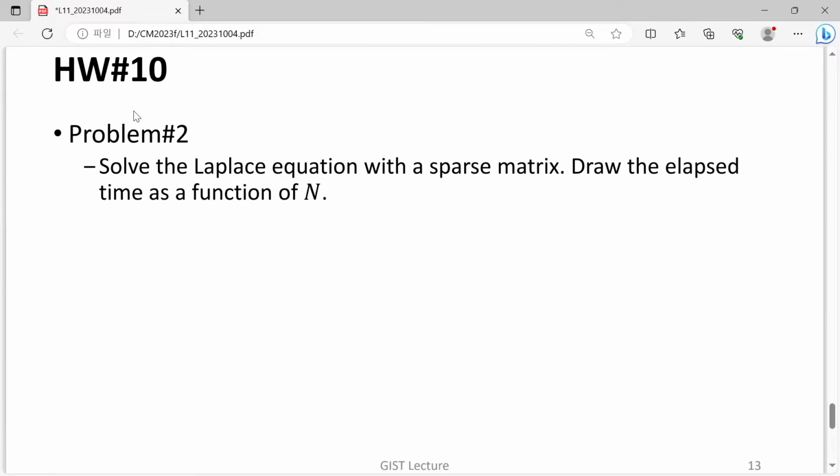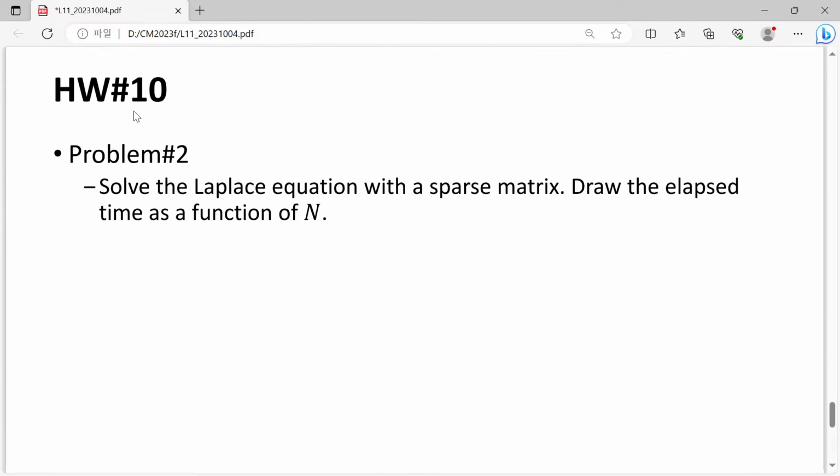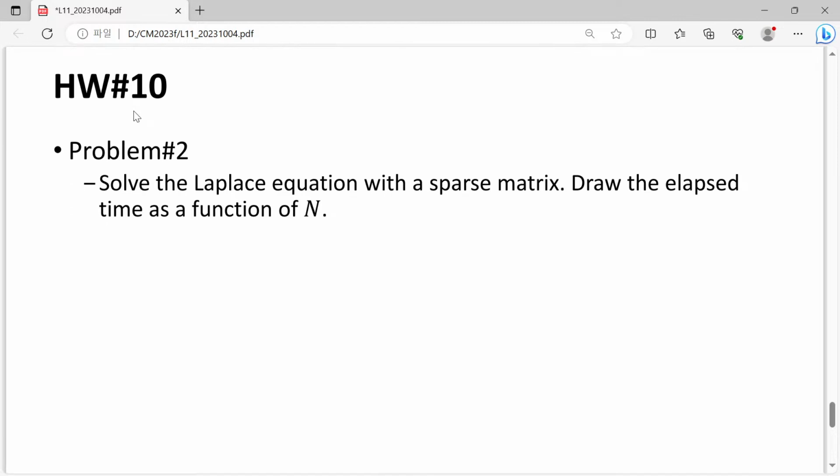Now this is lecture 10, homework number 10 for lecture 11. Please repeat our homework problem once again. However, now you have the sparse matrix implementation, and please draw the elapsed time as a function of matrix size n.